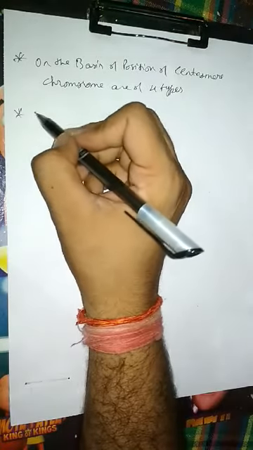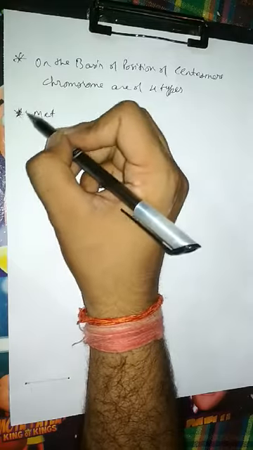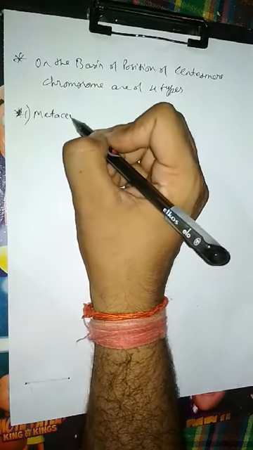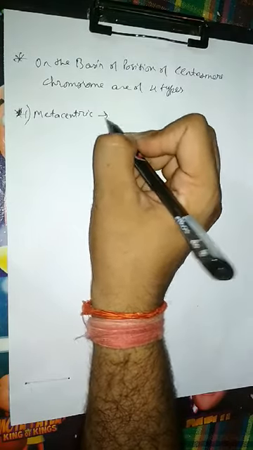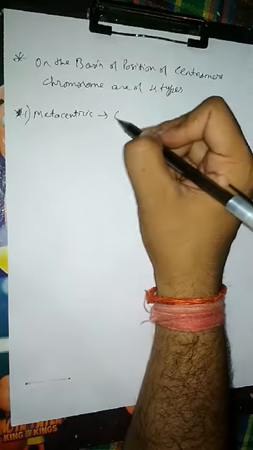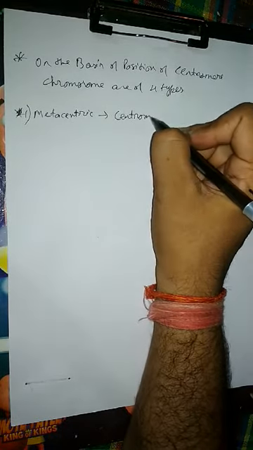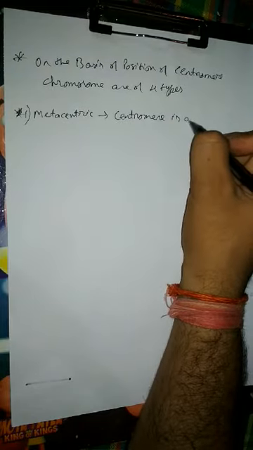Just as a revision: the first one is metacentric. In the metacentric chromosome, the centromere is at the center.